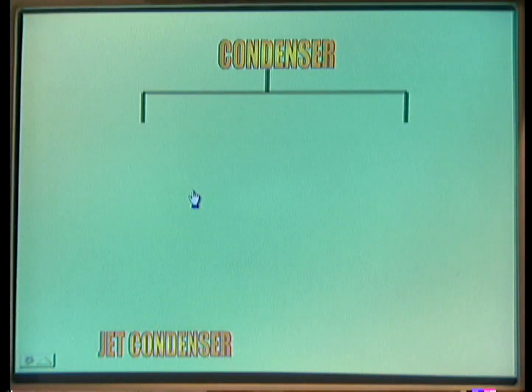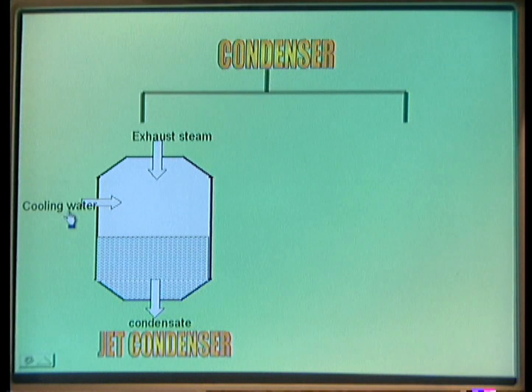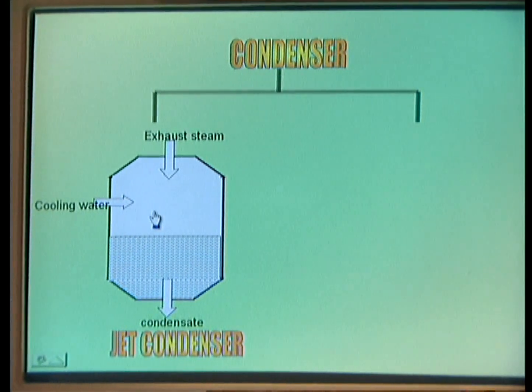Let us go to the details of condensers. Condensers are classified into two types. Number one is a jet condenser, number two is a surface condenser. What is a jet condenser? What is a surface condenser? You can see here, this is a jet condenser, where the exhaust steam from the turbine output and the cooling water from the cooling tower are sprayed on the exhaust steam.